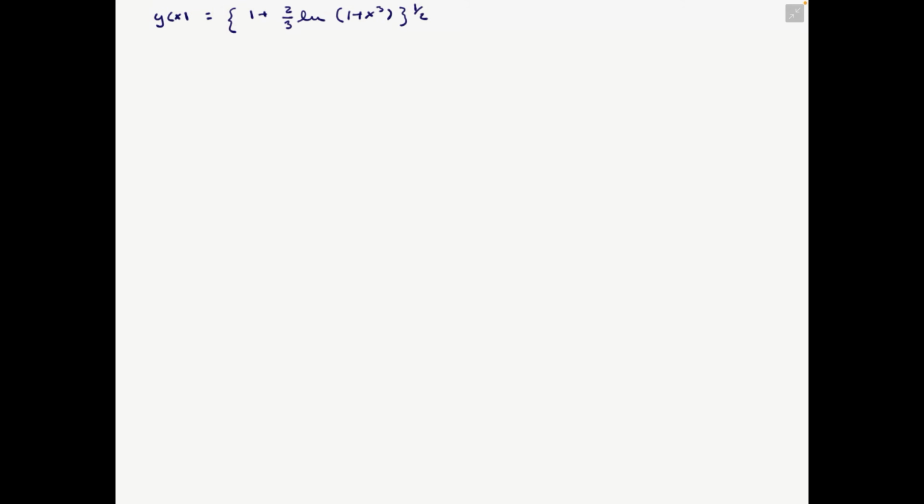And we want to verify that that's the solution to this equation. y prime is equal to x squared on 1 plus x to the third, y to the minus 1, with y of 0 equals 1.